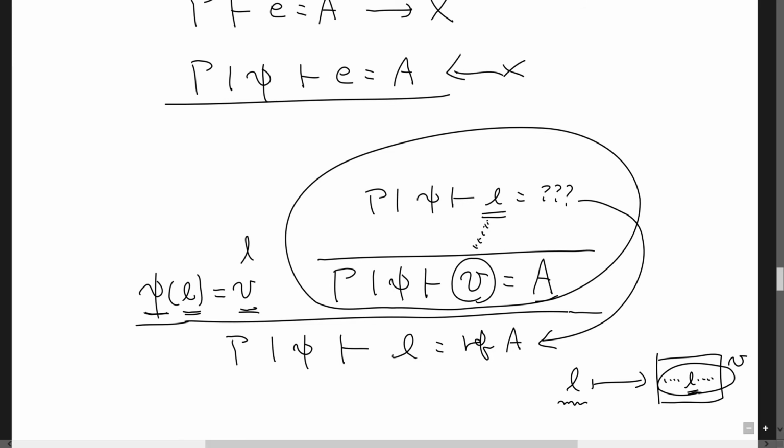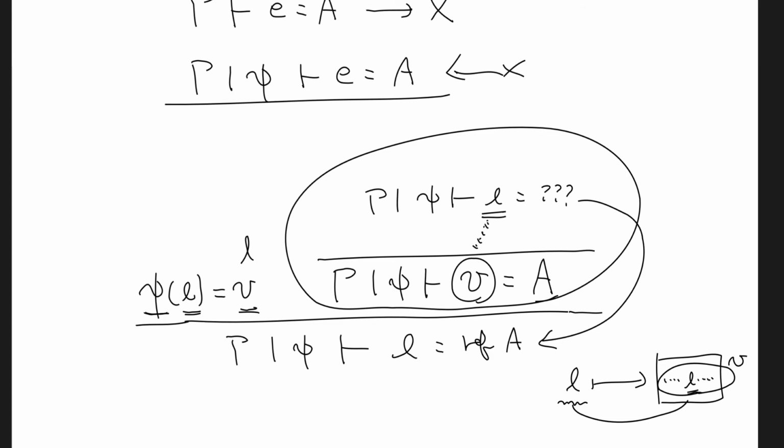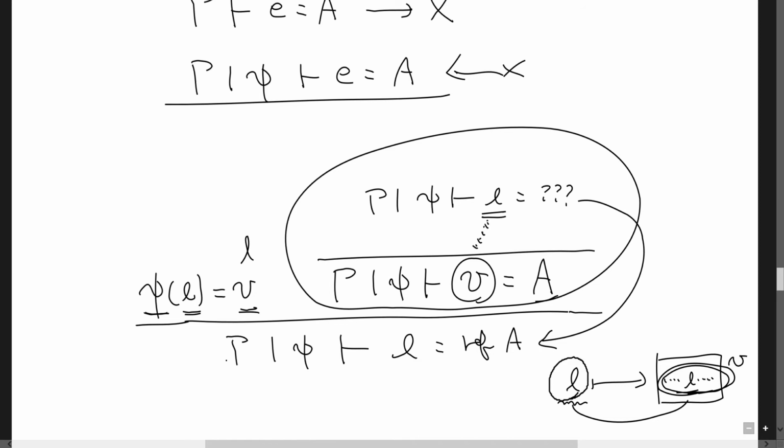And we actually have seen an example of this circular reference previously when we were looking at the wrong answer of simulating integer array using mutable references. So in the wrong answer, we actually saw how to construct a value of this form, where this location L is found in its own value. So in that case, we will never be able to get the type of this location. So this doesn't work.